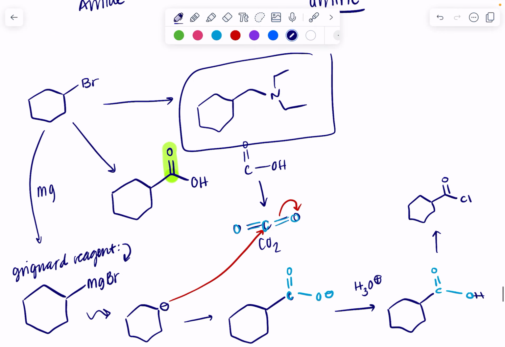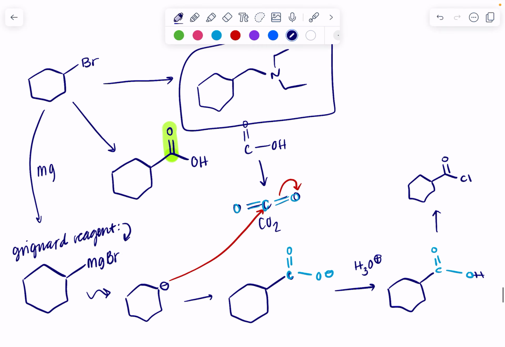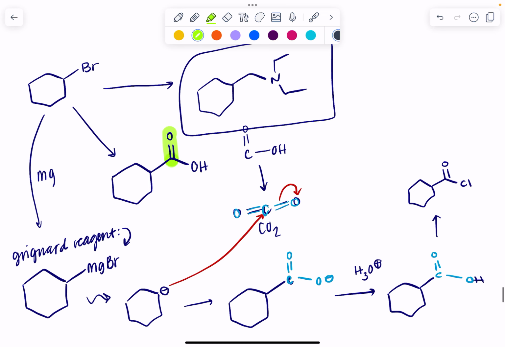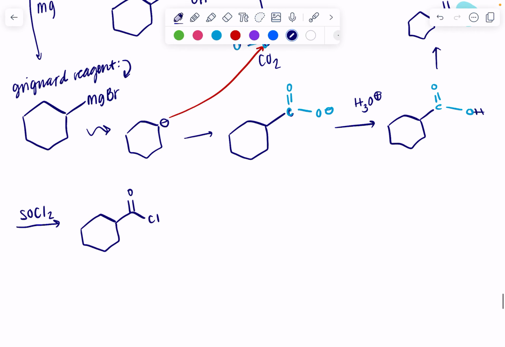this nitrogen group. Okay, so I know that if I'm looking at this molecule, I need to add this and replace the Cl of this molecule, right? And we know we can do that using aminolysis, or adding that secondary amine to this compound.